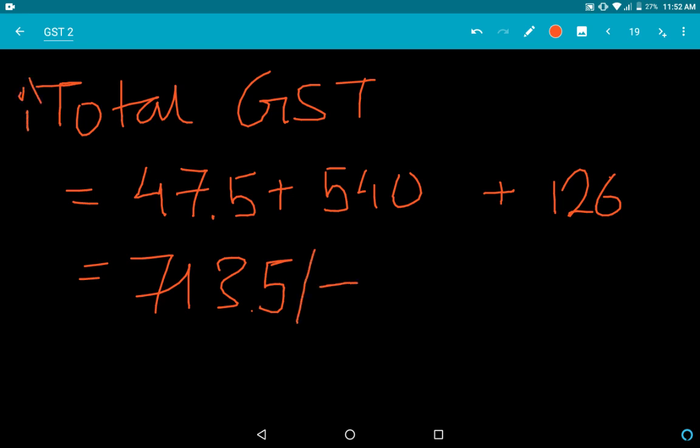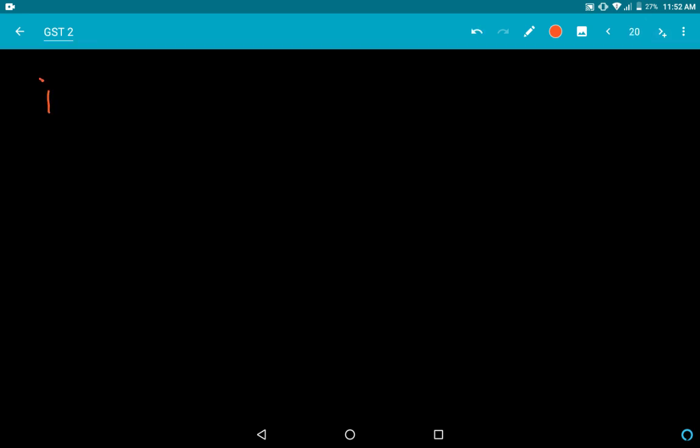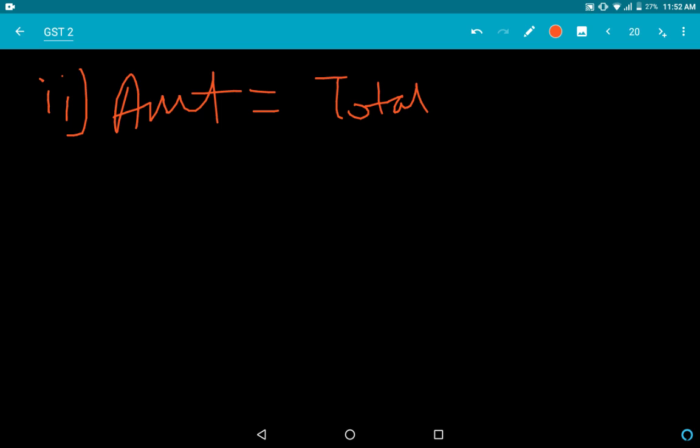This is my number 1. And number 2, what is my amount? Amount is nothing but total GST plus total SP.